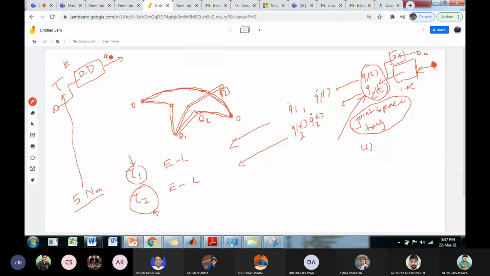What should be the value of q dot and q double dot? So direct dynamics, here what happens? Once you have the q dot and q double dot, you determine the inverse dynamics problem. You determine the required torque. Okay, clear, students?